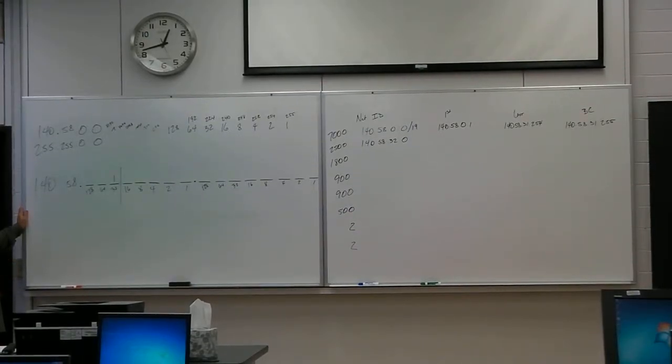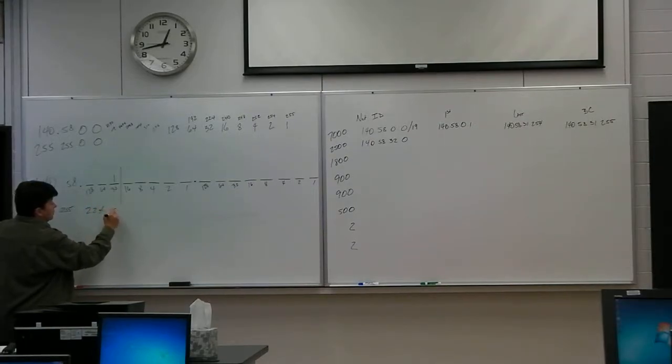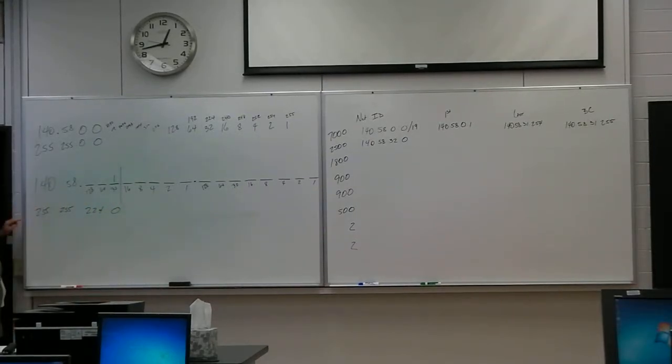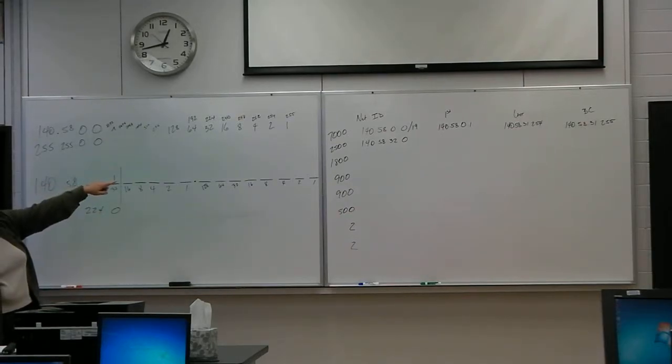Remember, I'm just shortcutting this, sort of a shorthand way of notating it, okay? So I have this, 255, 255, these 3 bits, 128 plus 64 plus 32, would actually be this. And my last octet is 0. So this is my new subnet mask for my first network. You with me with that?